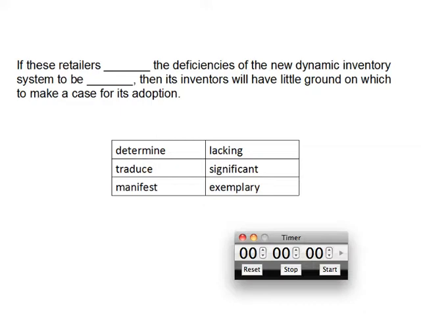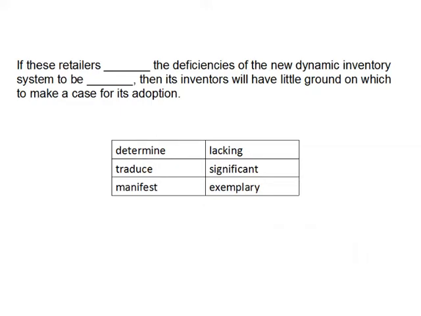Okay, time is up for this one. I think here the biggest clue is this aspect of little ground. So if something happens, if these retailers do something to these deficiencies of the new inventory system, then its inventors will have little ground on which to make a case for its adoption.